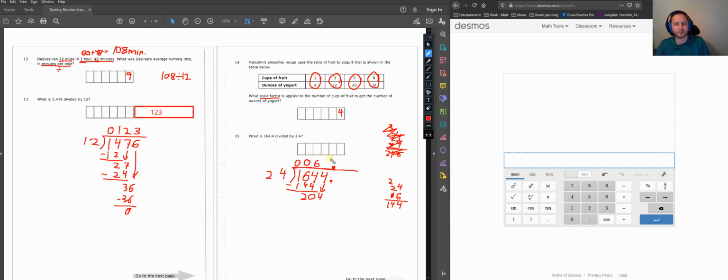So 9 times is too many, so it must be only 8. Now 8 times 24, that's going to be 32 again, so 2, carry my 3. That would be 16 plus 3, 192. Gives me a 2, do some borrowing, and I would get 12.